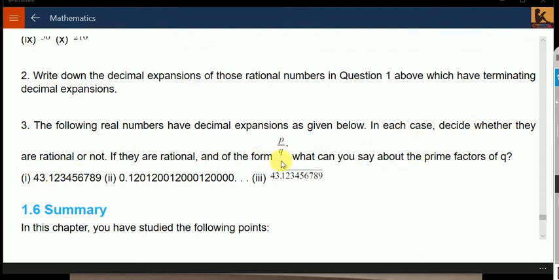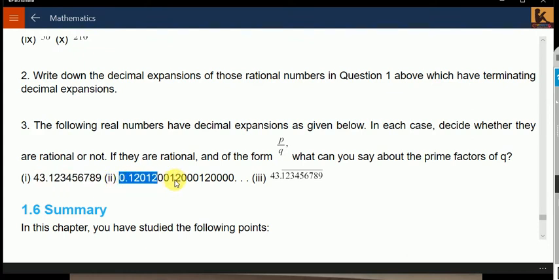Decide whether they are rational or irrational, and what you can say about the prime factorization of the denominator if they are rational. So this is a terminating decimal number, so of course this is a rational number. And what about its denominator? Its denominator will have factors of 2 and 5 because this is a terminating decimal number.